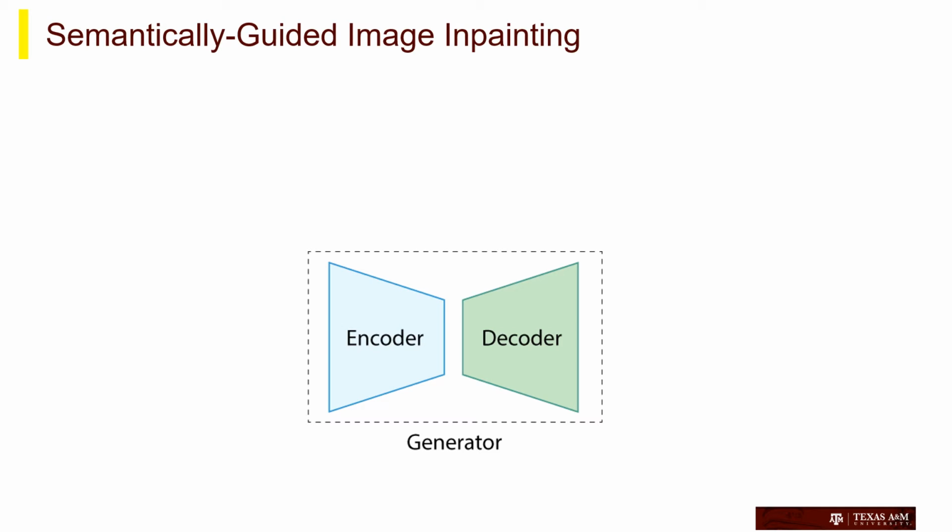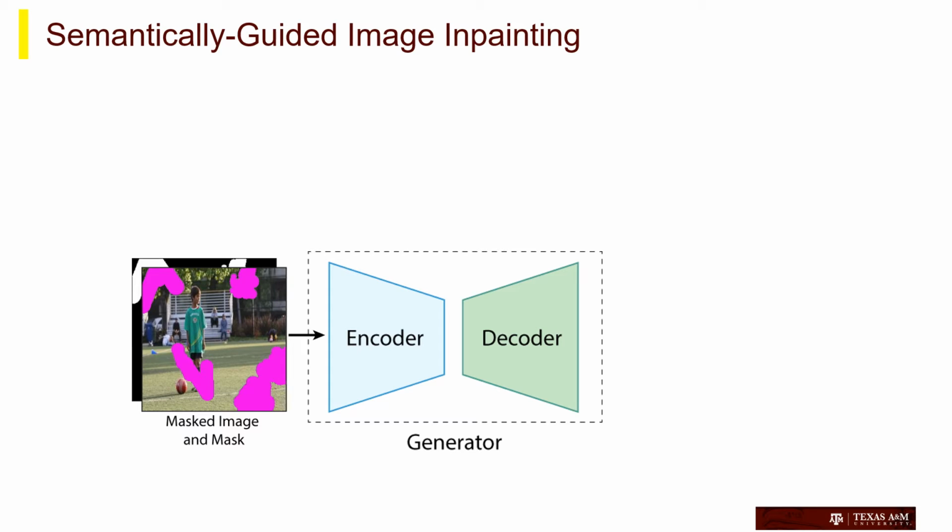We use a generative adversarial network to reconstruct the missing portions of the image. The generator takes the masked image and the mask as input. It is composed of an encoder and a decoder. The encoder imputes missing values, while the decoder uses adaptive modulation to effectively utilize semantic information and reconstruct the image using the semantic map.